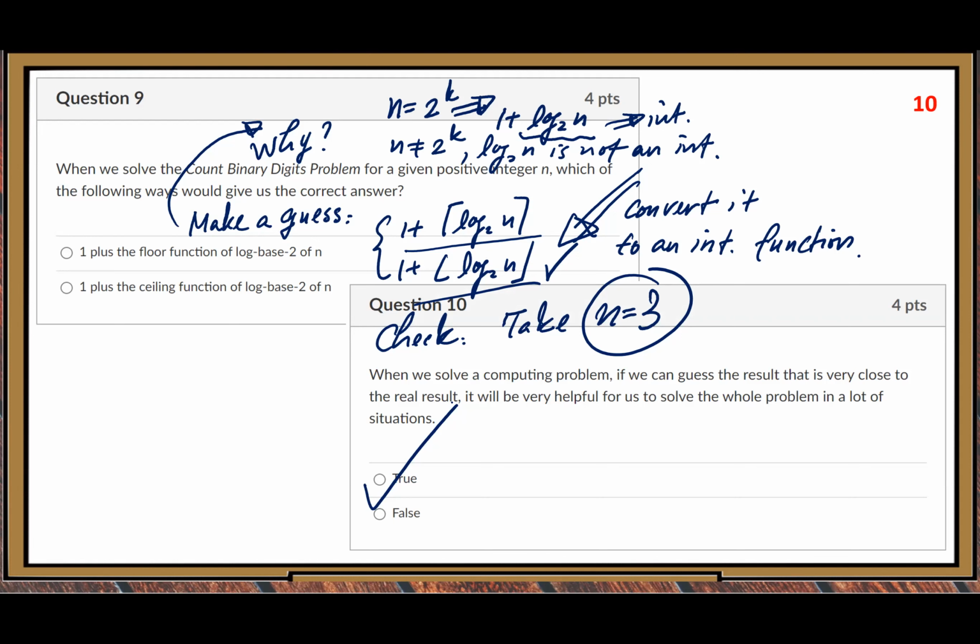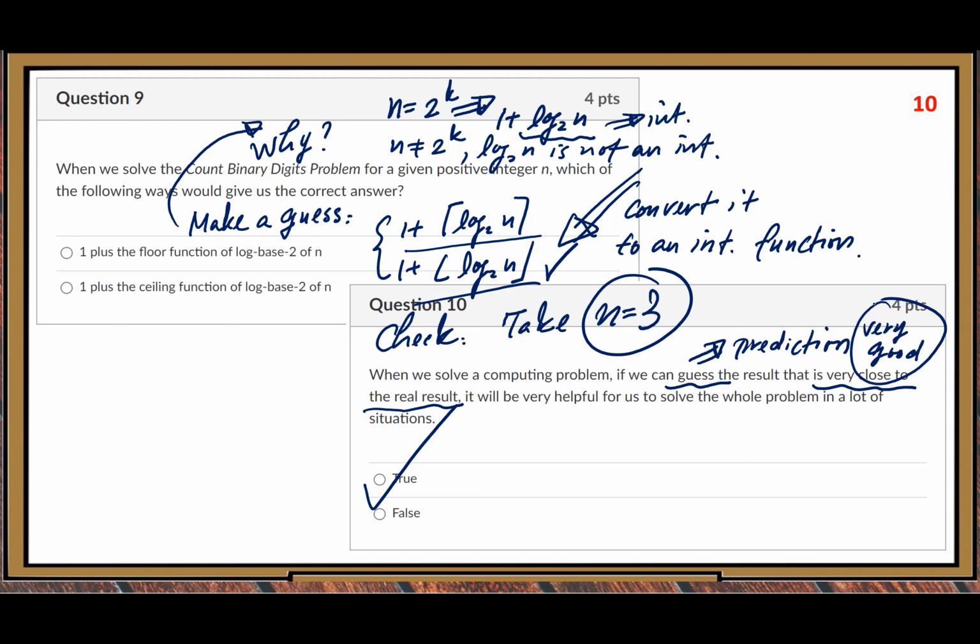Actually, so this method, because the guess, basically, we treat it as a prediction. Very close to the real result, that means your prediction is very good, okay? You make a very good prediction.